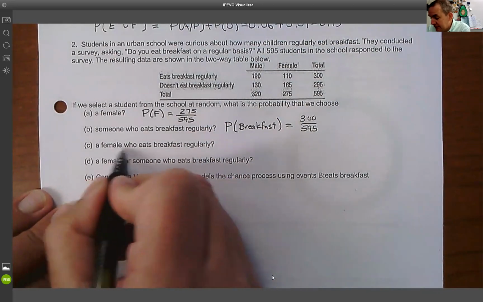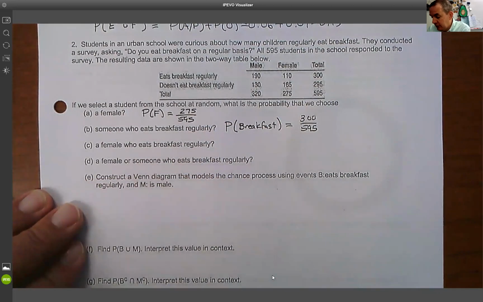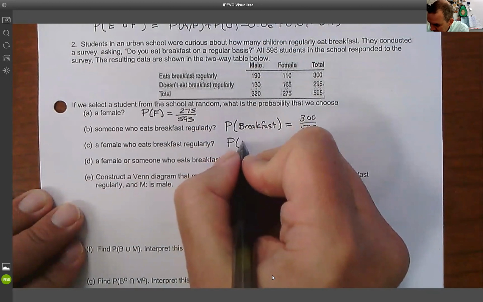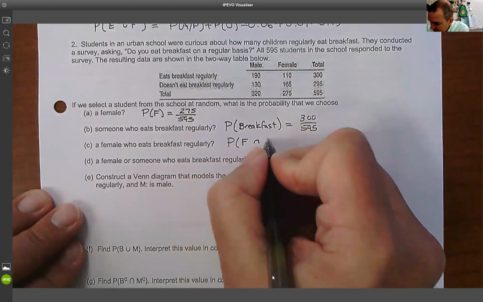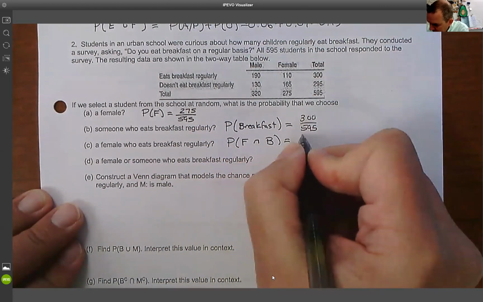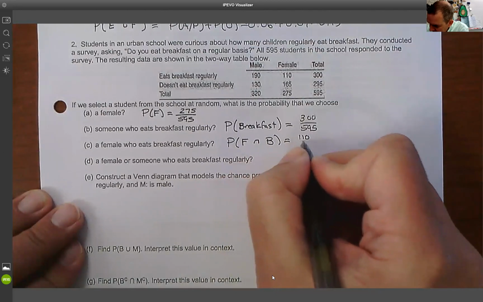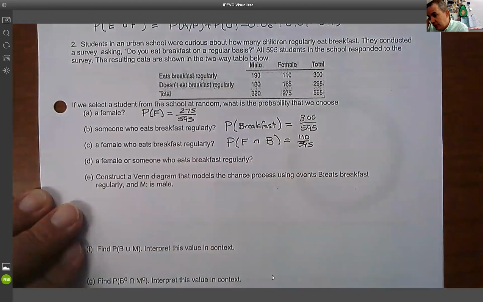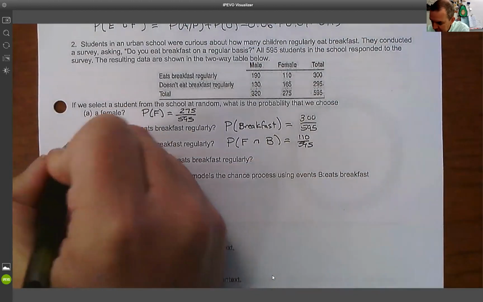This is an and situation: you're female and eat breakfast regularly. So it's these 110. The probability of female and breakfast is 110 out of 595. When you see something like this, you have to think of it as an and.